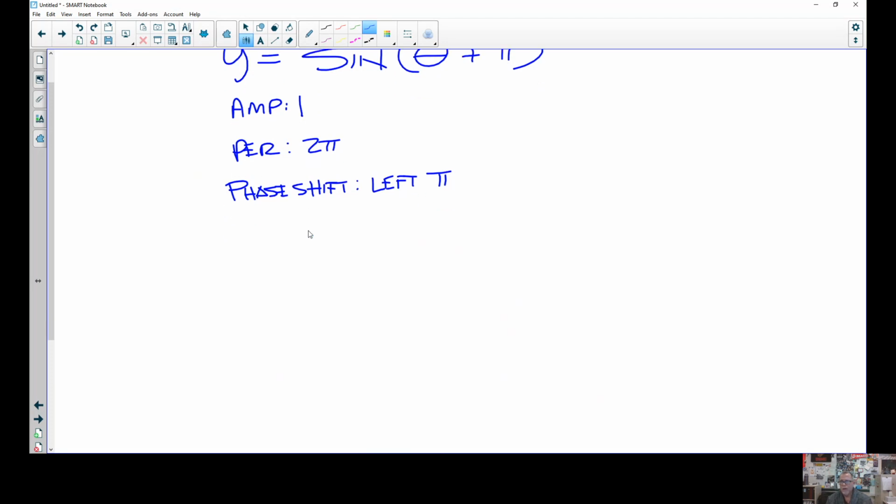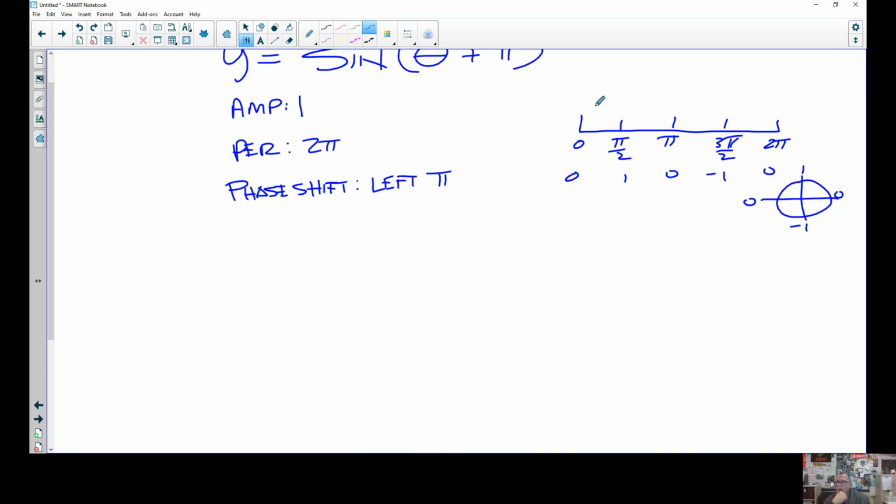Well, again, I'm going to make that little grid I just talked about in the last one. And normally I'd be 0, pi over 2, pi, 3 pi over 2, and 2 pi. And if we think of our unit circle, for sine, we know this is 0, 1, 0, -1, and back to 0.